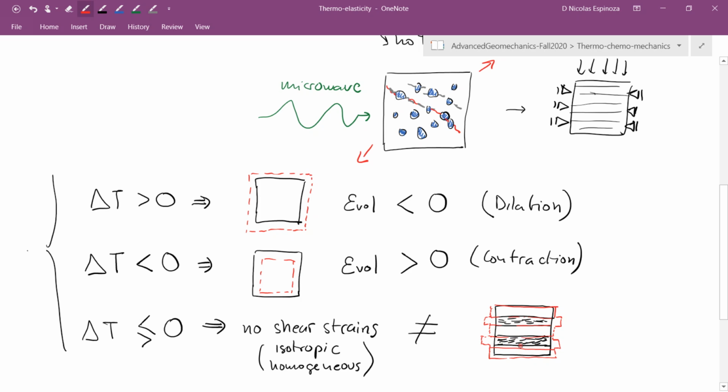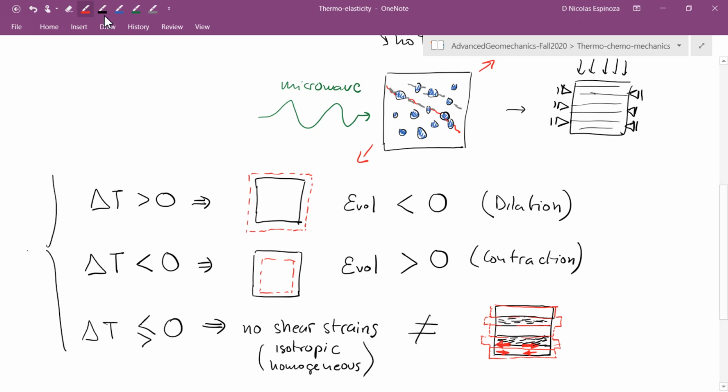So for example, if this one is enlarging or getting longer in this plane, then let me see if this is going to work. I think this is good enough. You're going to create a shear on the interface, because now you have a heterogeneous solid.